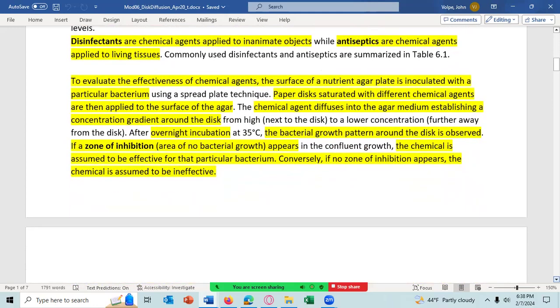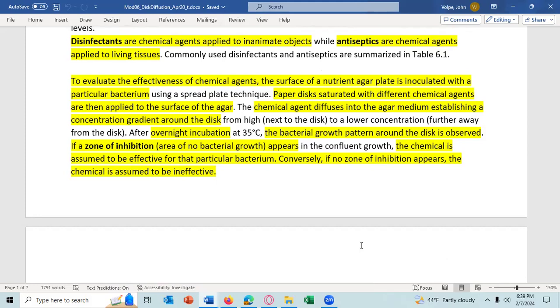To evaluate the effectiveness of chemical agents, the surface of a nutrient agar plate is inoculated with a particular bacterium. Usually you get the bacteria to grow all over the plate, and we call that a lawn of bacteria. Paper discs saturated with different chemical agents are then applied to the surface of the agar. The chemical agent diffuses into the agar, establishing a concentration around the disc.